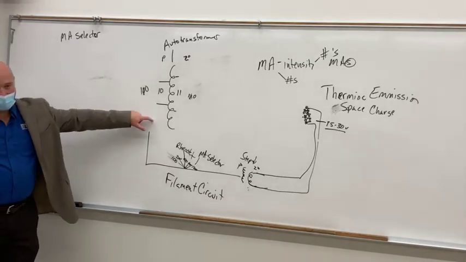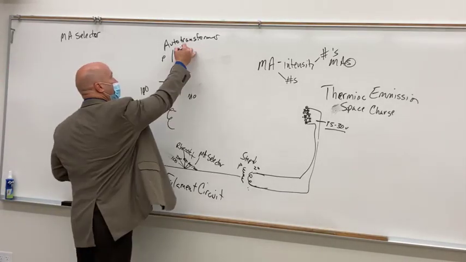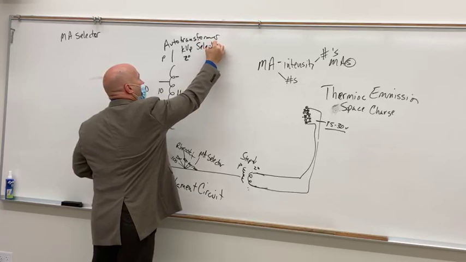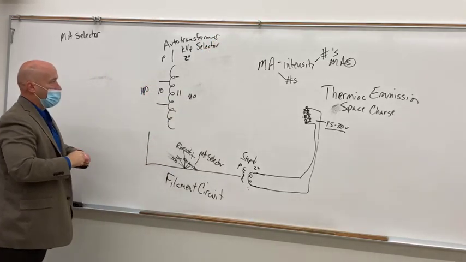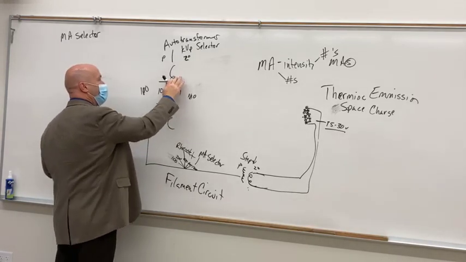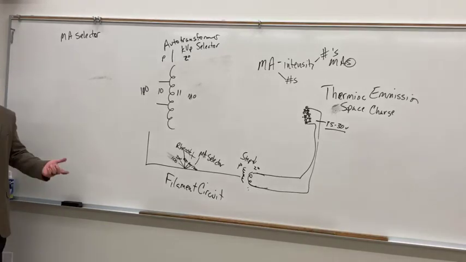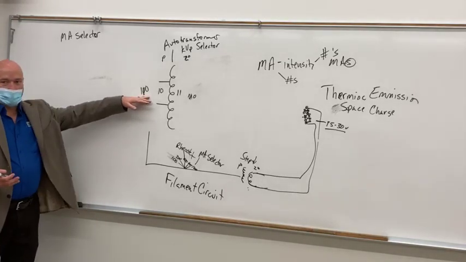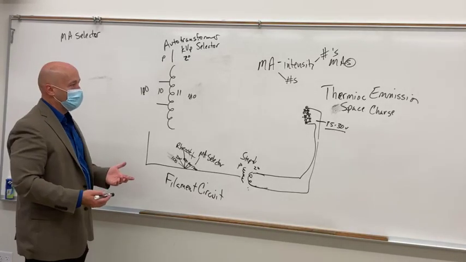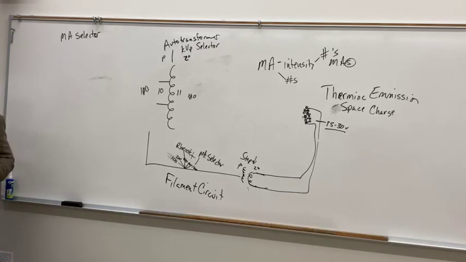We select our kilovoltage here. Okay, this is our kVp selector. So whenever you select your kVp, what you're actually doing is you're selecting the turns on the secondary side of your autotransformer. So you feed it 100 volts and you need to make an exposure at 50 kVp.